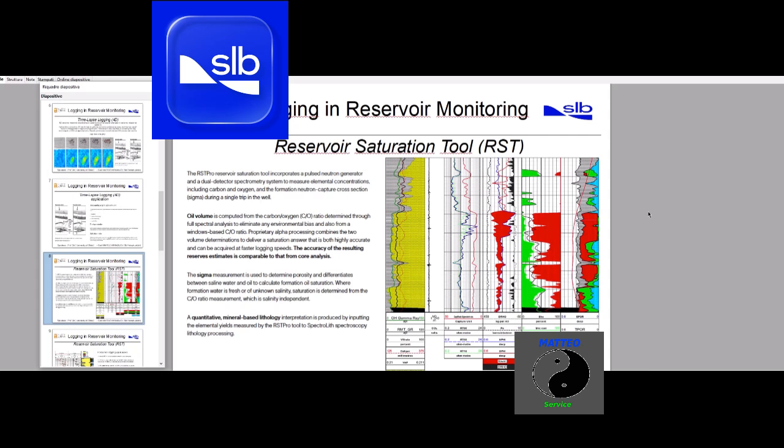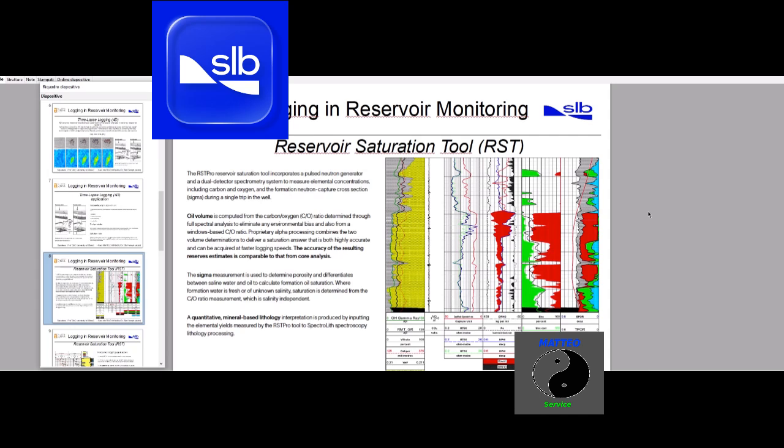Oil volume is computed from the carbon-oxygen ratio, C/O, determined through spectral analysis to eliminate any environmental bias. The accuracy of the resulting reserve estimate is comparable to that from core analysis.